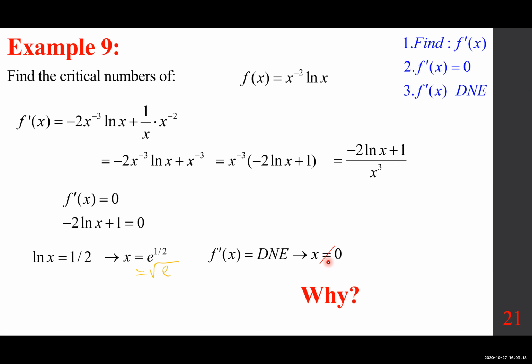Why is that? Because when we go back to the original function, I hope you realize the domain is 0 to infinity. Why is that? The top, the domain is 0 to infinity.